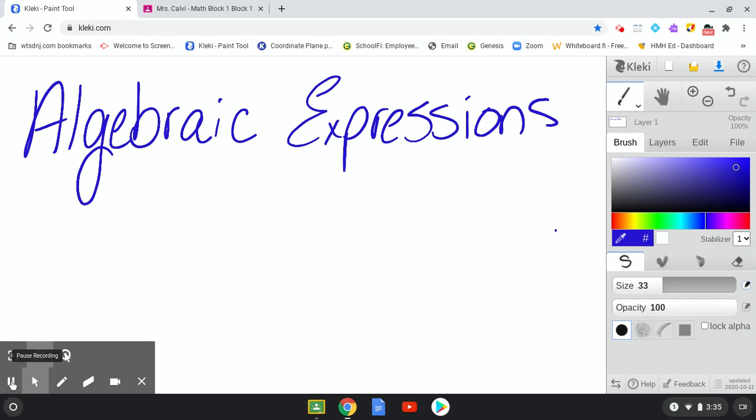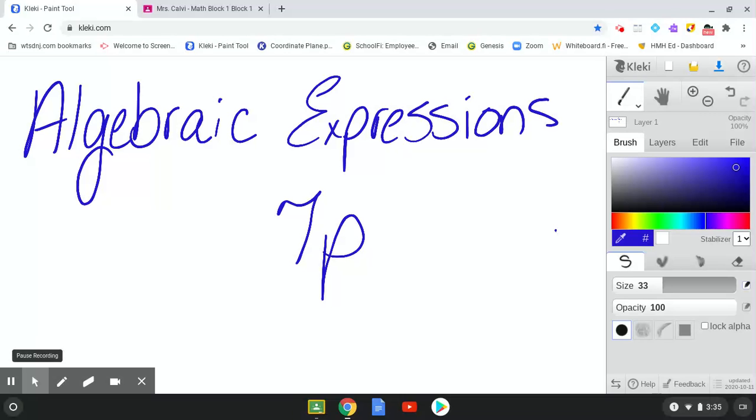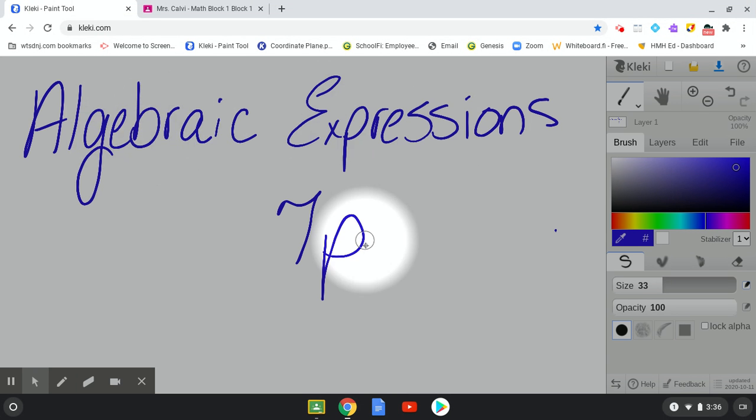Okay, we are going to be talking about algebraic expressions, and an algebraic expression contains one or more variables and may contain an operational symbol. So for example, I could have 7p, and this represents an algebraic expression. It's considered an algebraic expression because I am using a variable there.